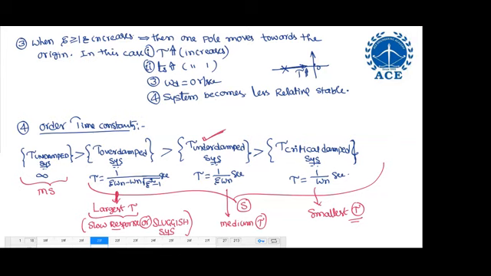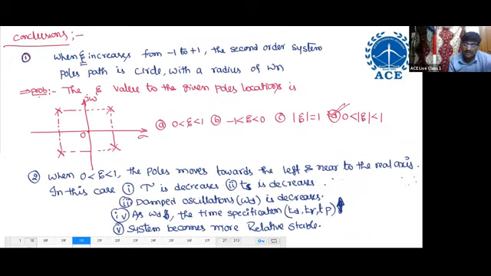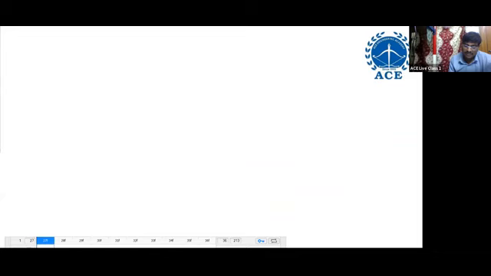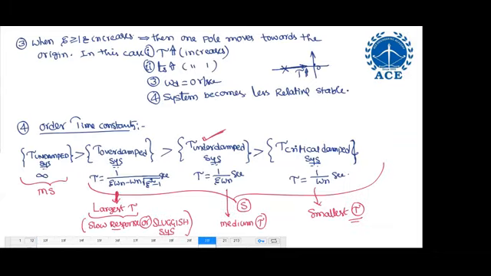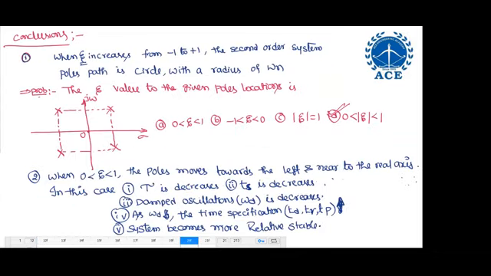I have a doubt in 20F. In the second point, you told that if we move towards the left, then tau decreases.